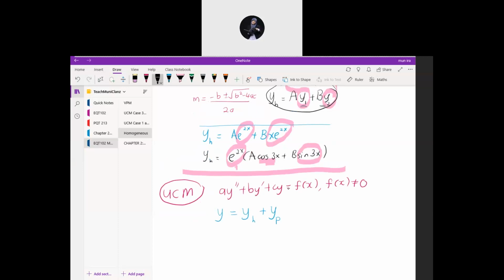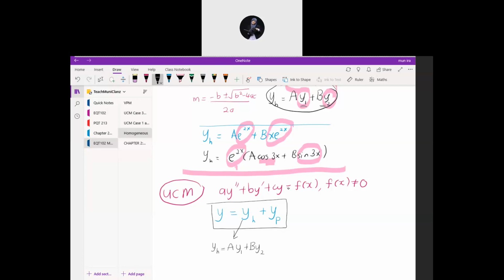Y is the solution that we want to find. Where does YH come from? YH comes from the homogeneous solution, which is AY1 plus BY2 just now.